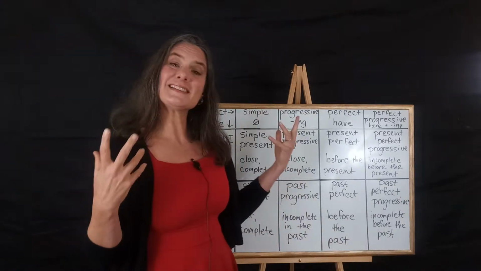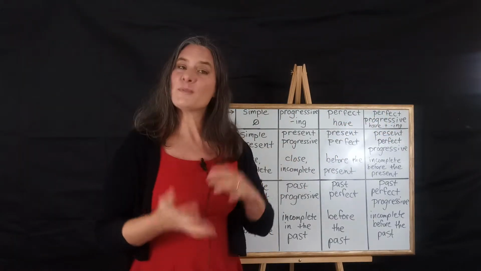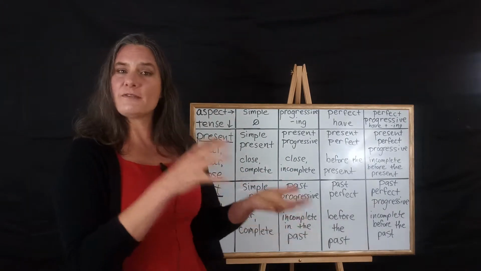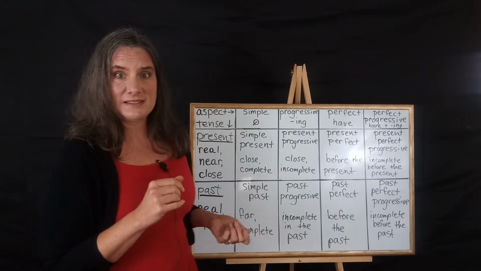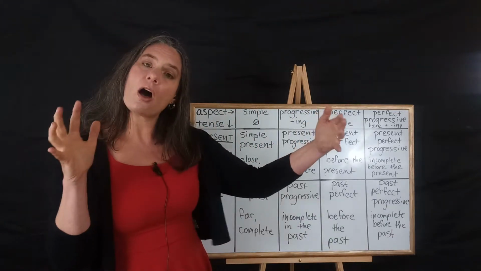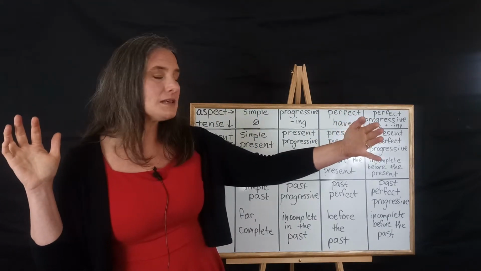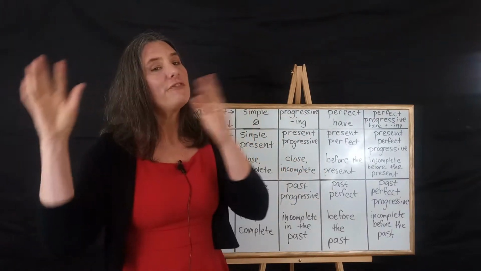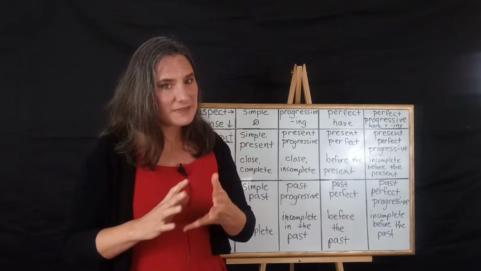Okay, and lastly, we can combine perfect and progressive and put them both onto one verb. And that means that the verb is long, incomplete, not done, and before something else.